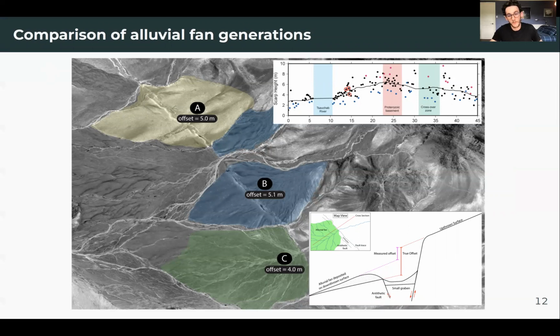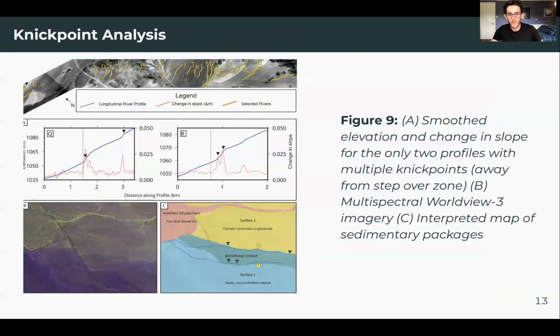C was a bit lower, but in hindsight, this is just because this alluvial fan is only deposited on the downthrown block. So the fan itself is probably reducing the scarp height that we measured, and so I didn't take this as any indication that we were seeing more slip in older surfaces.